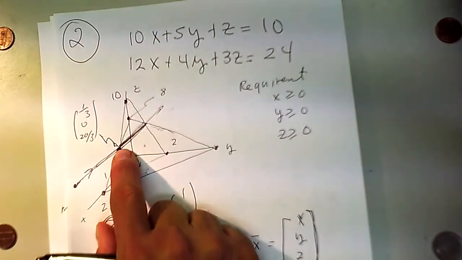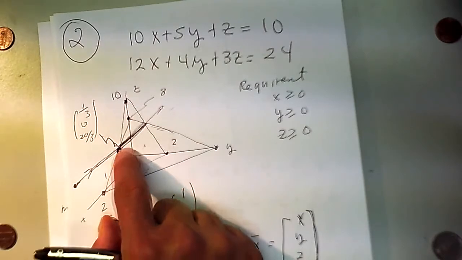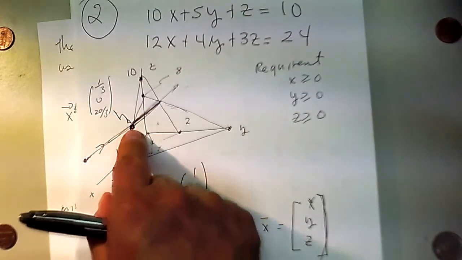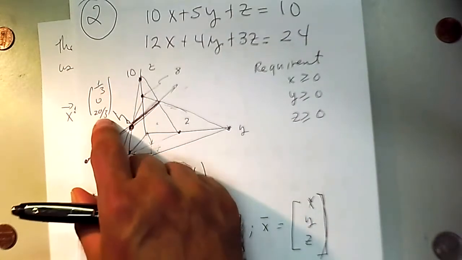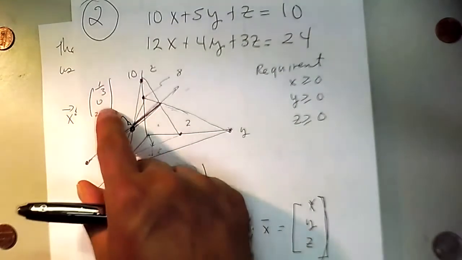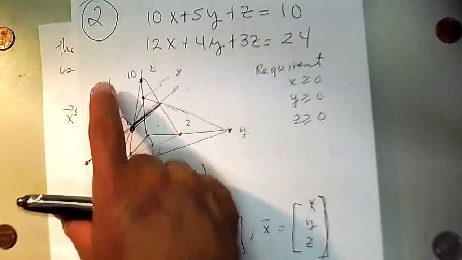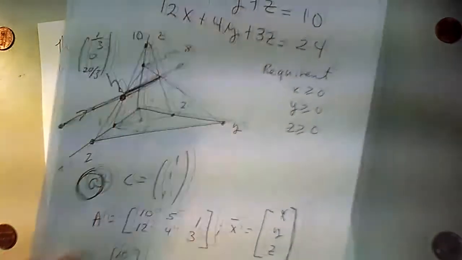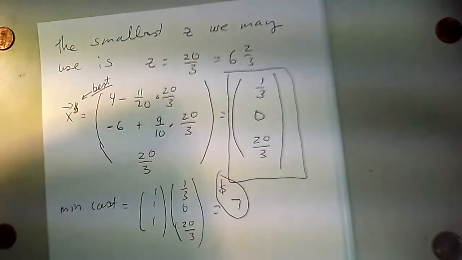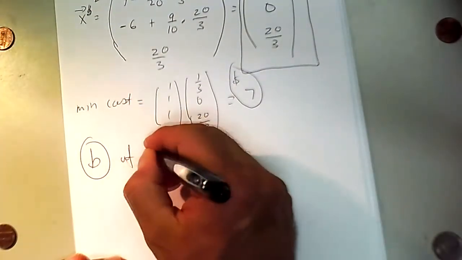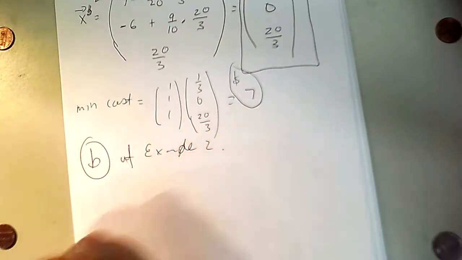Now, don't assume that the lowest point is the answer. It depends on the cost. So right now we used x and z, but we did not use y. But let's say the x's and the z's are more expensive than the y. So this is part B of example 2.